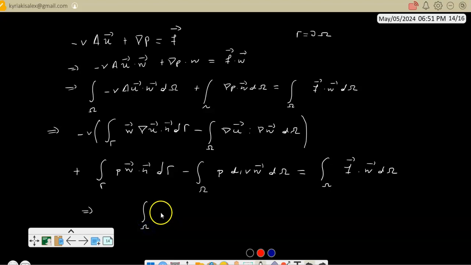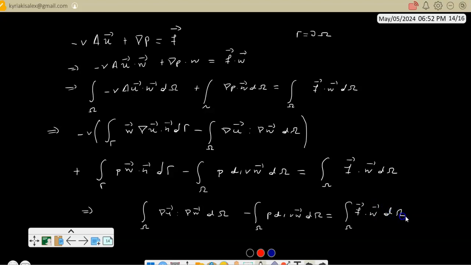The integral over omega, minus the integral over omega p divergence of w d omega equals, I have this function at the right hand side, plus the integral at gamma, plus this boundary integral.